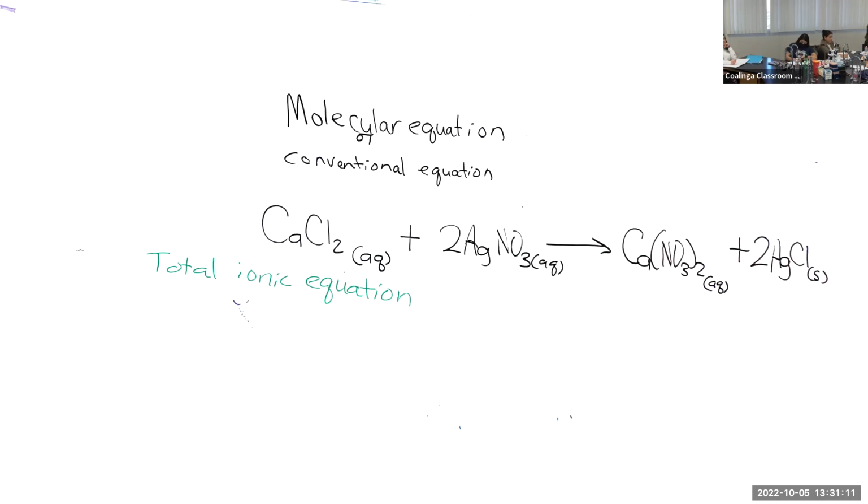Okay, because as AQ, they're gonna dissolve. So if we dissolve this, we're gonna have calcium. What is calcium's charge? Plus 2. There you go. Chlorine. What is chlorine's charge? -1. Okay, and there's 2 of them.